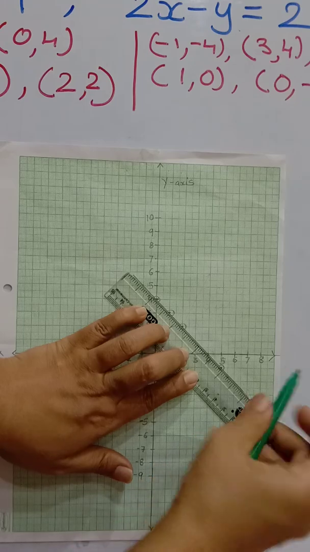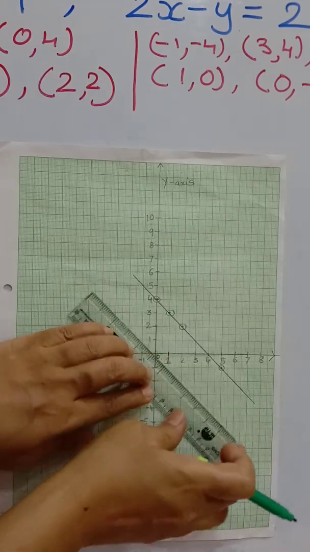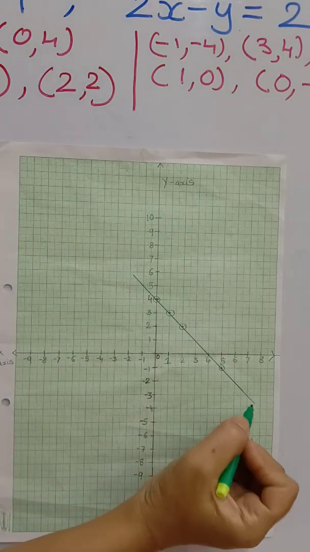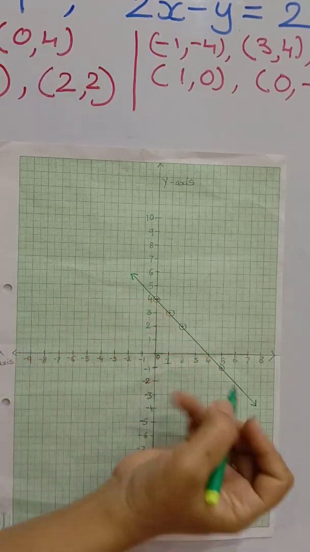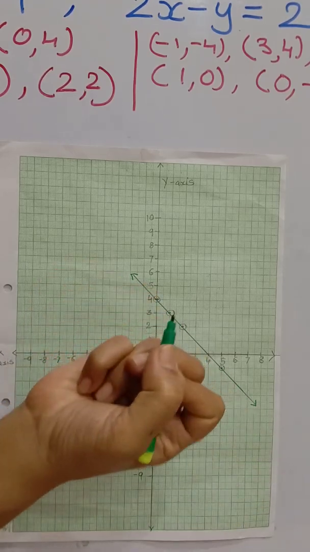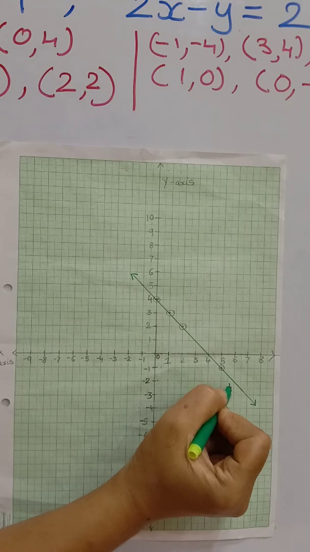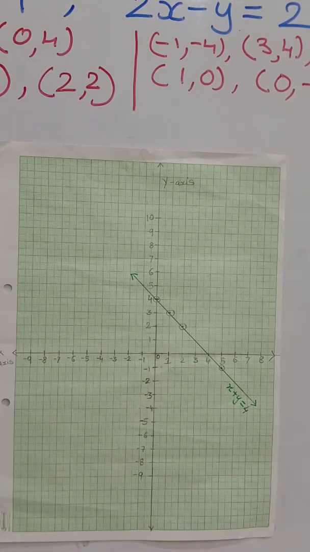So this is enough. Now what is the equation of this line? X plus y equal to 4. Throughout the line you can write anywhere. So I'll write here x plus y is equal to 4.